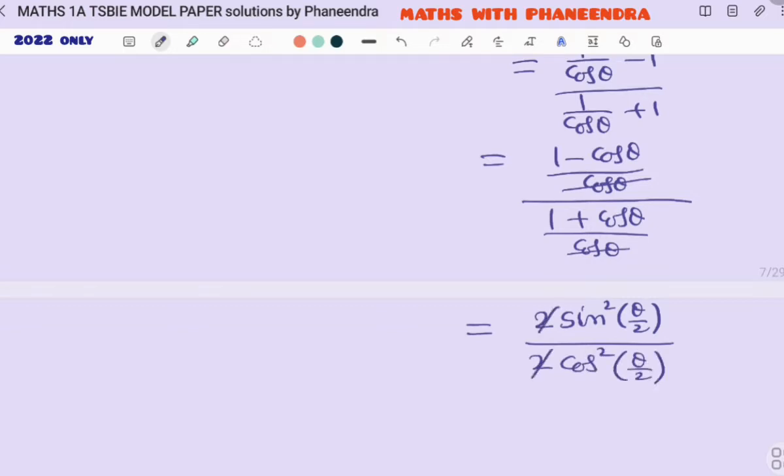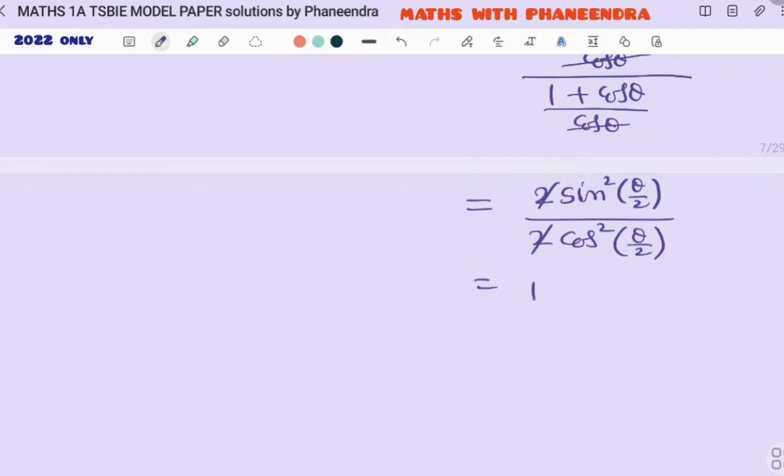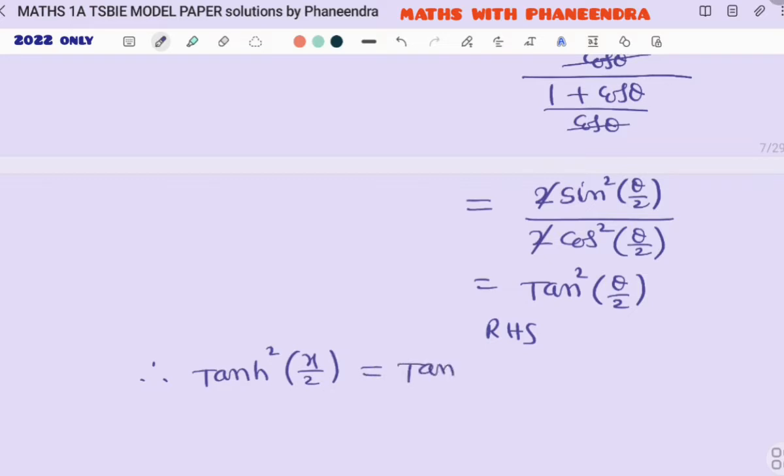So 2 gets cancelled. Sin square theta by 2 by cos square theta by 2 is tan square theta by 2. Therefore, this is the required RHS. Conclusion: tan h square x by 2 is equal to tan square theta by 2. Hence, proved.